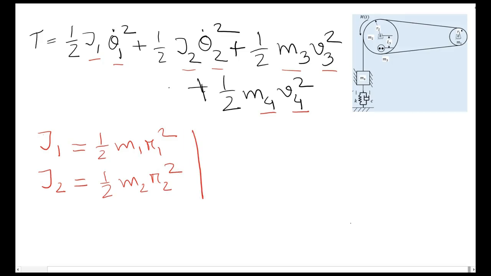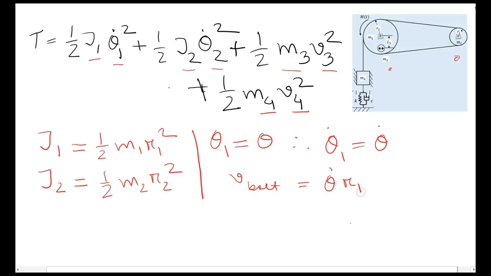As the question said, we can consider theta 1 equal theta. So we can write theta 1 dot equal theta dot. If we consider these two pulleys which are connected by a belt, the linear velocity of the belt can be written as theta dot times R1, that means for the smaller pulley.